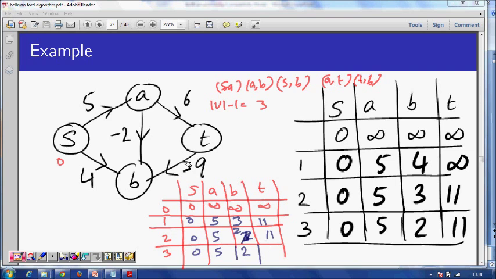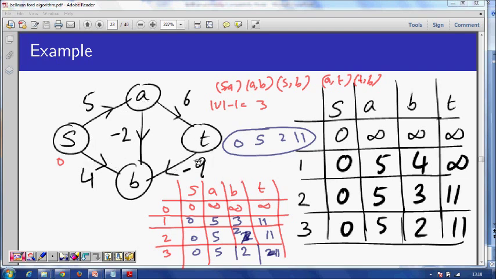A to T, 5 plus 6, 11, it will remain, and T to B is already 2, so it will remain like this. Finally we see that 0, 5 to 11 are the final shortest distances from S to T. So this is what is needed.